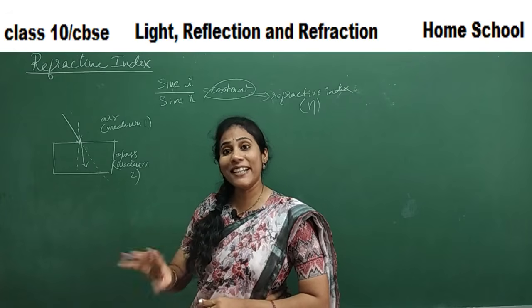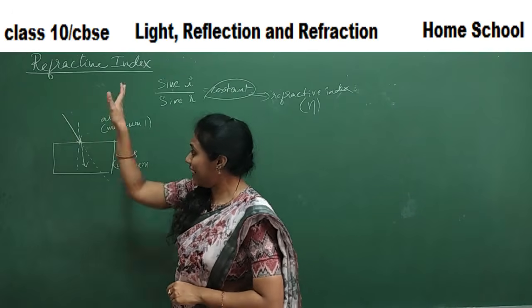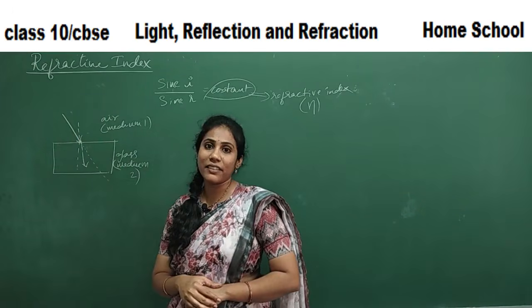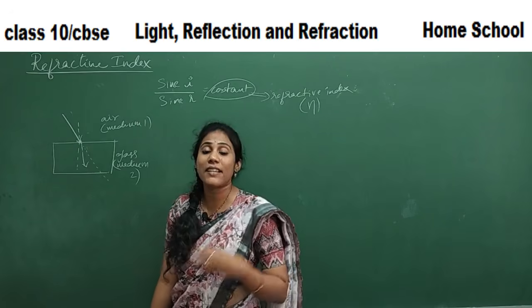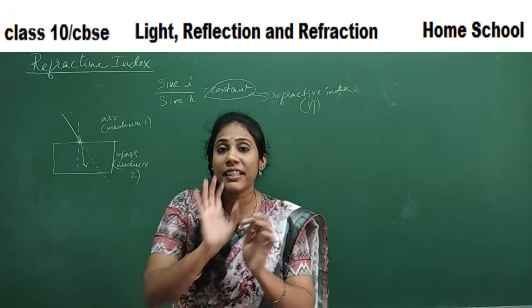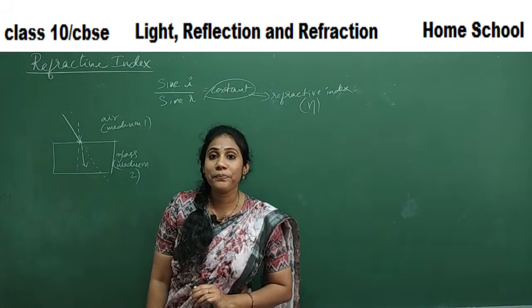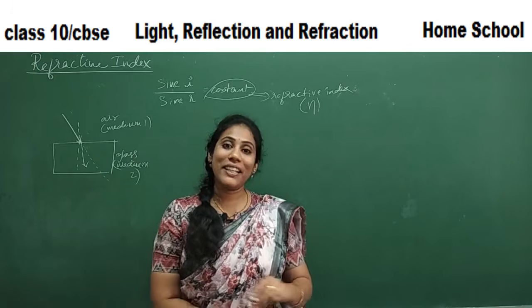To how much extent is the direction changed? To how much extent is bending of light taking place? How do you measure that? It is measured with the help of refractive index.